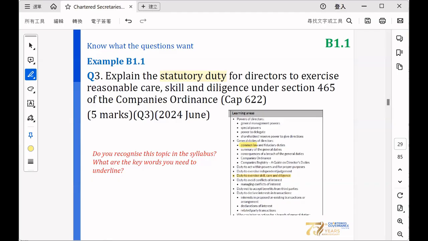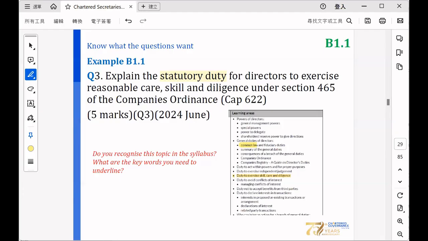Now, there are two things about this duty: one is called the objective test, the other is called the subjective test. When you look at the care, skill, and diligence that would be exercised by a reasonably diligent person with the knowledge and skill that particular director has, that is the subjective test.